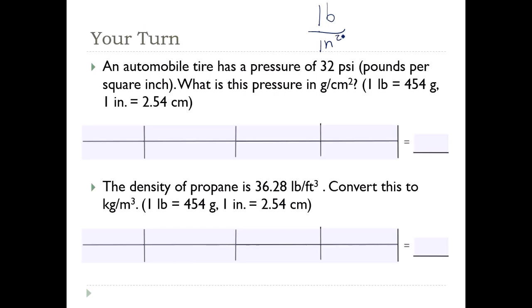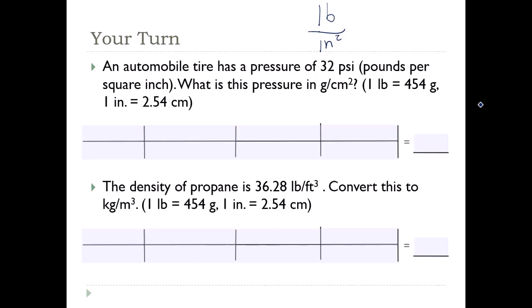So pause the video. And then the other one, the density of propane is 36.28 pounds per cubic feet, or feet cubed. Convert this to kilograms per cubic meters. Okay, so pause the video, work through these two problems, then come back.